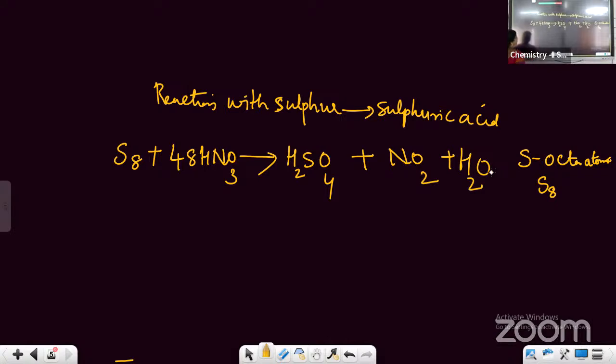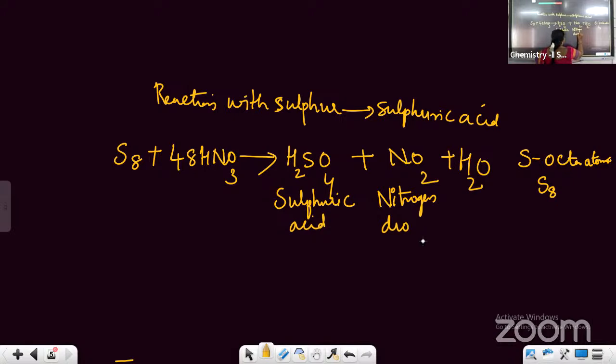Okay. So statement क्या है? Nitric acid reacts with the sulfur to give sulfuric acid, H2SO4. I think everyone is familiar with this formula. So sulfuric acid plus NO2. What is NO2? This is nitrogen dioxide.